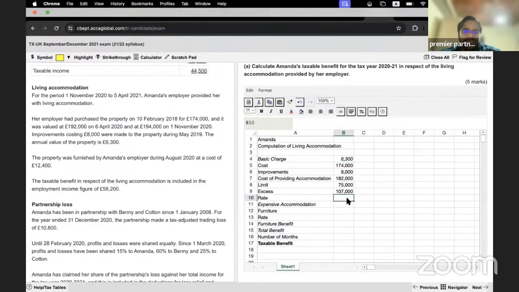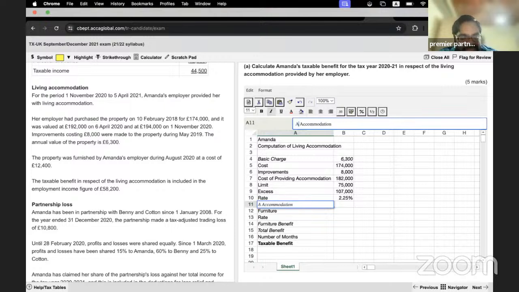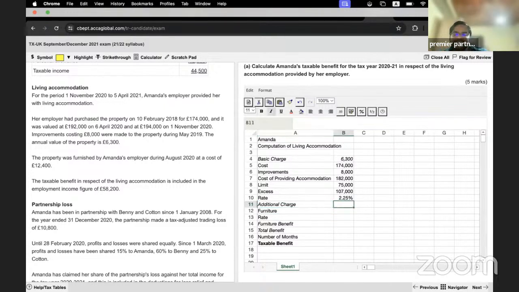Right. Then the rate, like you said, we are going to apply 2.25. Then I will change the name. We'll stick to additional charge. Both names are correct, but this is the new wording. So excess 107,000 into the rate 2.25.